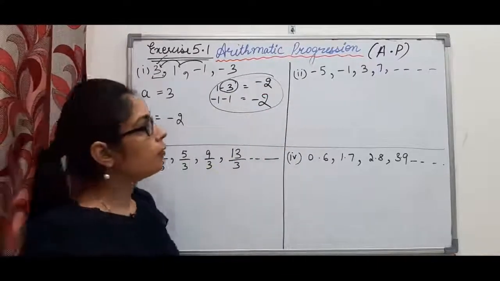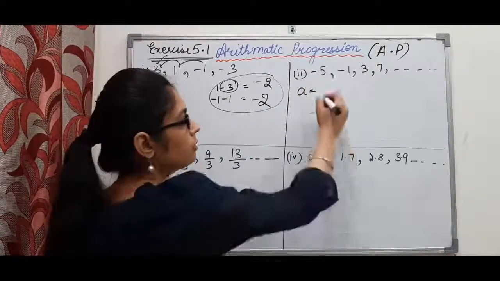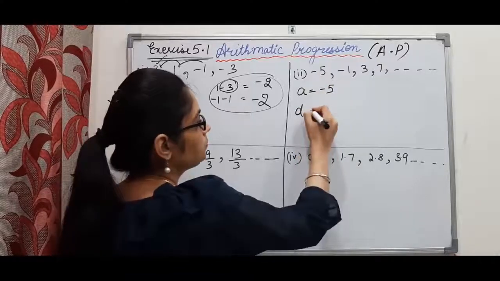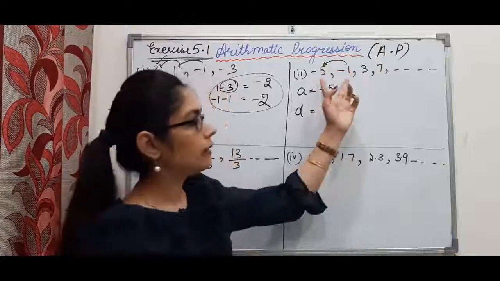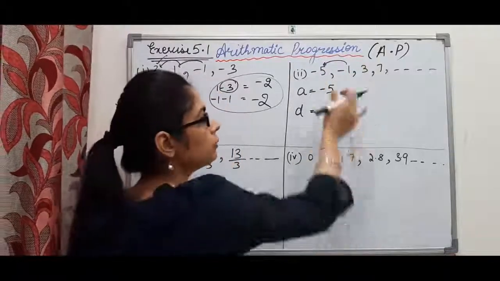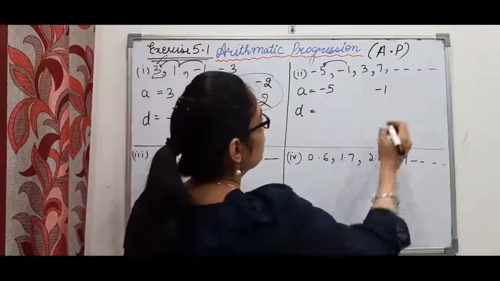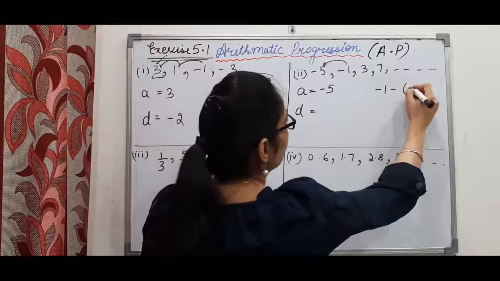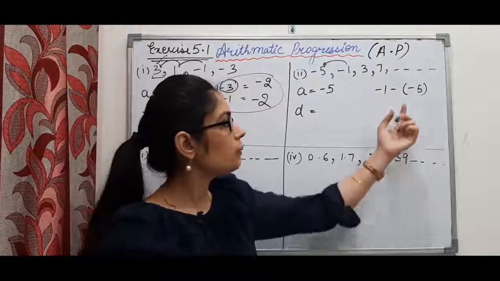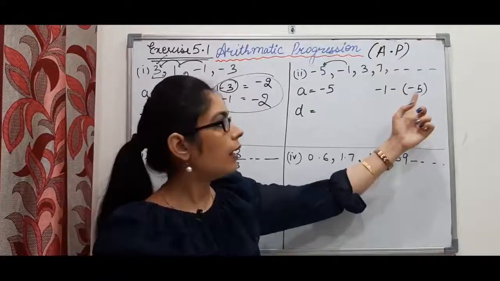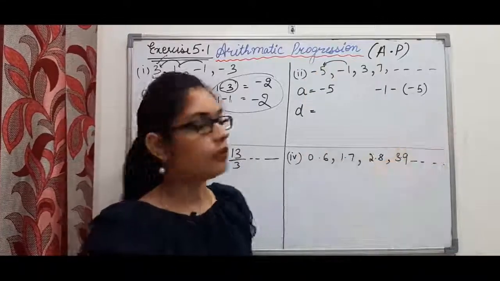Now let's do the second part. A is the first term written over here, which is minus 5. For D, you can subtract either these two terms or these two, any two terms, but they should be consecutive terms. So minus 1 minus minus 5. Don't ignore the signs. We have to do subtraction, and minus sign is already there with 5, so minus 5 as it is I have written.